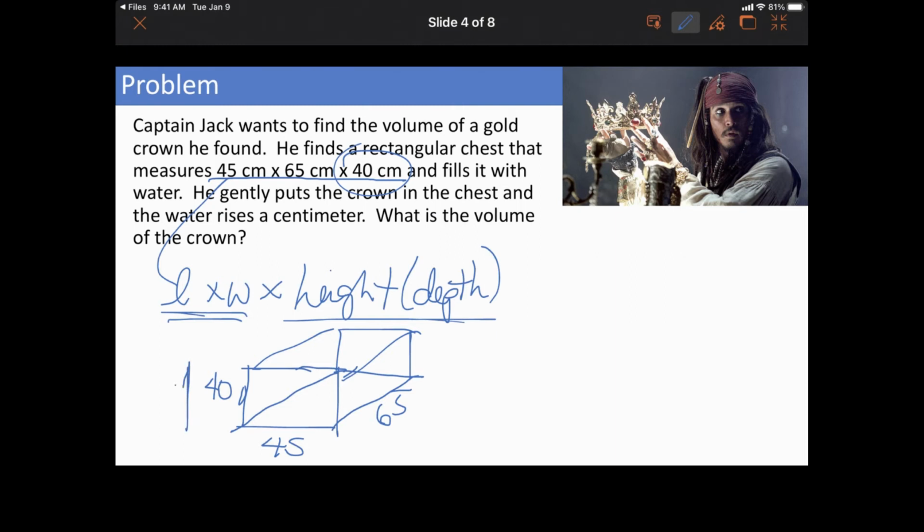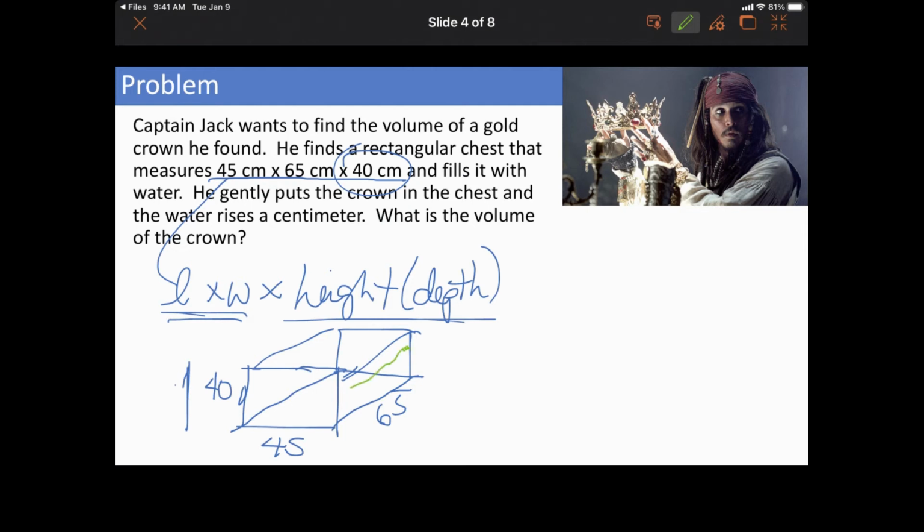Now for water, I'm going to use a different color. Now you're going to say, hey, Miss Mendoza, and when I say this, the crown is completely submerged. So it has to be completely underwater.